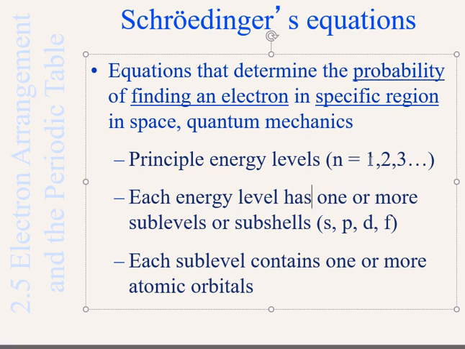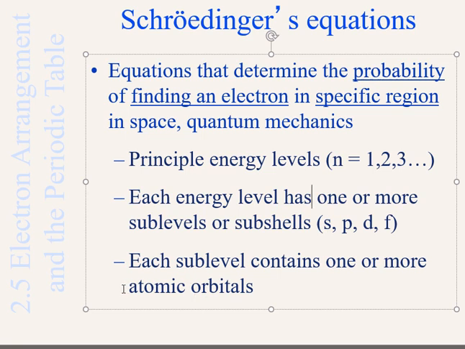So n equals 1 may possess one or more of these 4, n equals 2 may also possess one or more of these 4, and n equals 3 will possess one or more of these 4, and then further going down, n equals 4, 5 will also possess one or more of these 4. Furthermore, each of these sublevels is where we find the atomic orbitals.